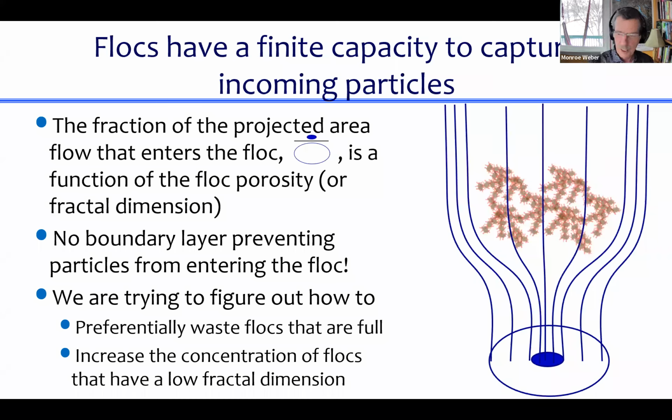And so the dark blue in the middle here represents the flow that actually ends up going through the floc. And the donut between the dark blue and the outer blue ring represents the projected area of the floc where that water goes around the floc.